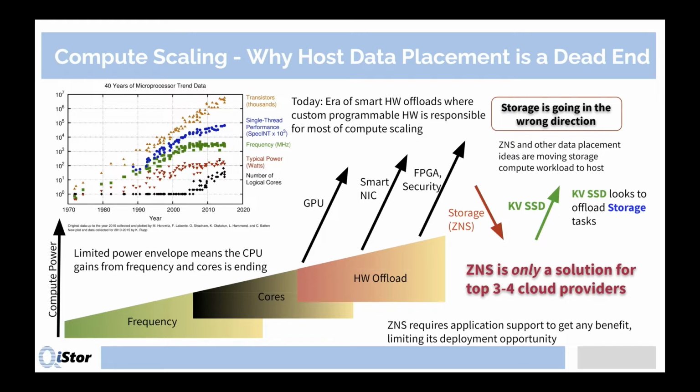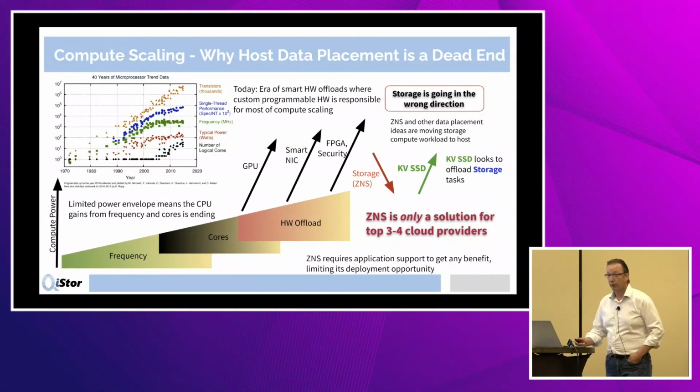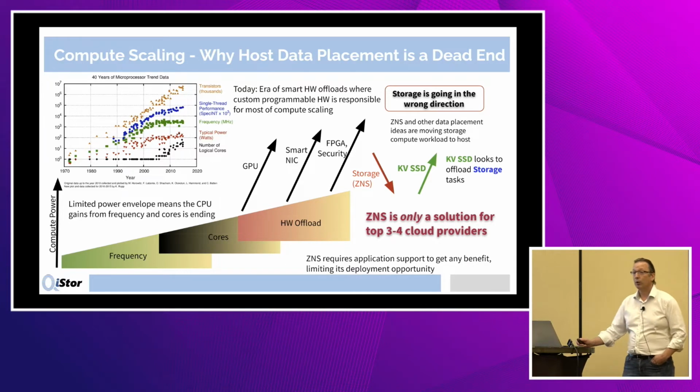And the other issue is, as I've talked to some customers, ZNS is viewed as very complicated, and data placement code is hard to write. And it's really only going to be a solution for the top 3 or 4 cloud providers. I don't think it's going to be popular in many on-prem or other solutions.